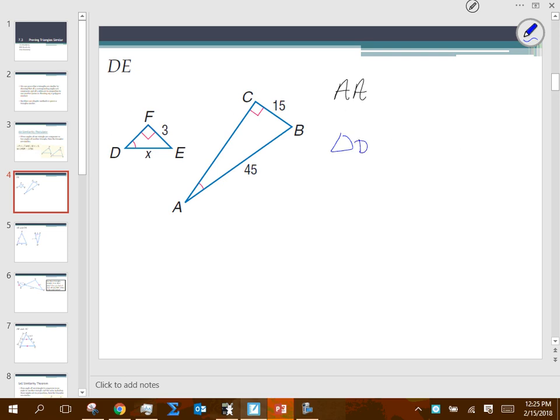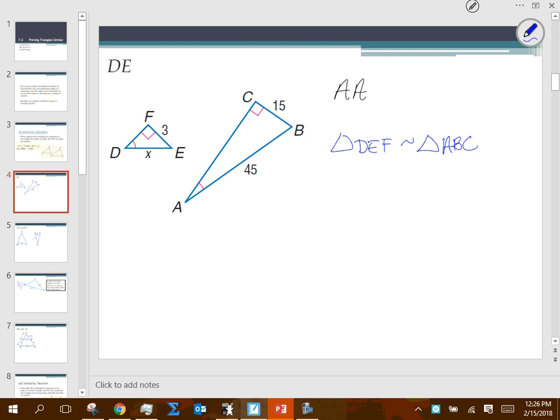Okay, DEF is fine. So if we named it DEF, that means that the first letter over here has to be congruent to D, right? So it's going to be A. And then E needs to be B, and then C, right? We need to set that statement up because the corresponding parts, D and A should be congruent, E and B should be congruent, F and C should be congruent, right?